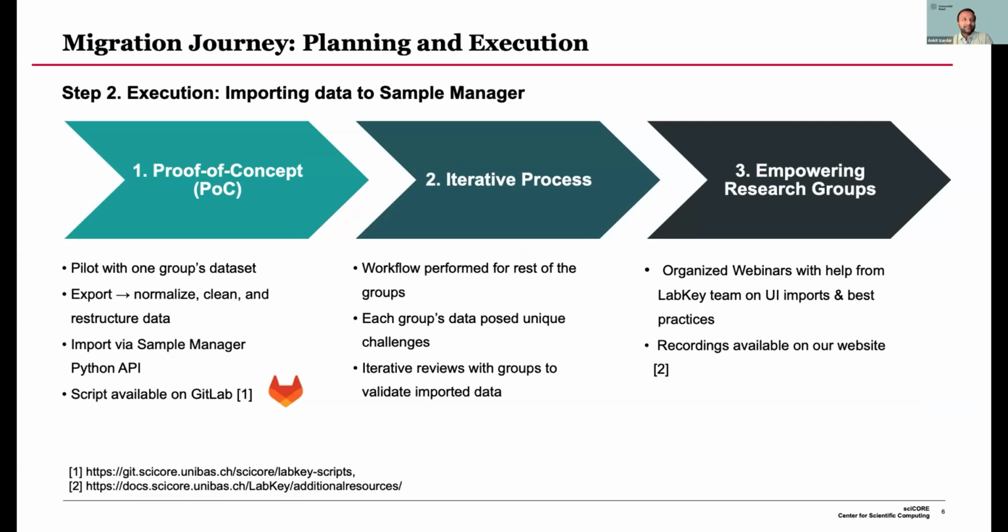By normalization here, I mean handling details like fixing inconsistencies in date formats and harmonizing casing or spelling variations. For example, entries like human, which can be written in many different ways. So we supported the research lab in that harmonization process.